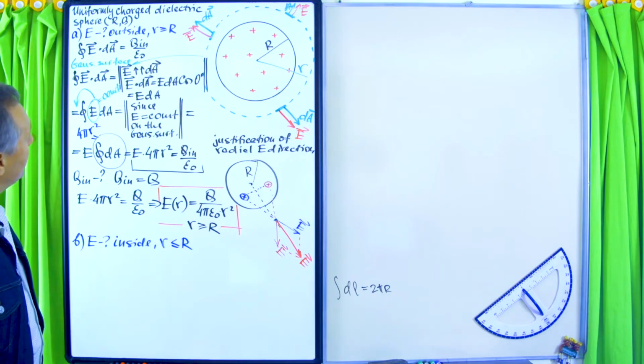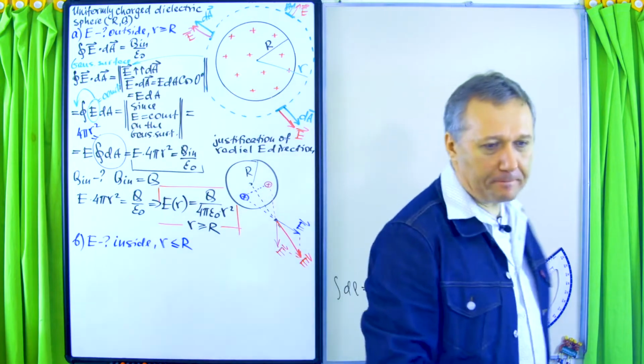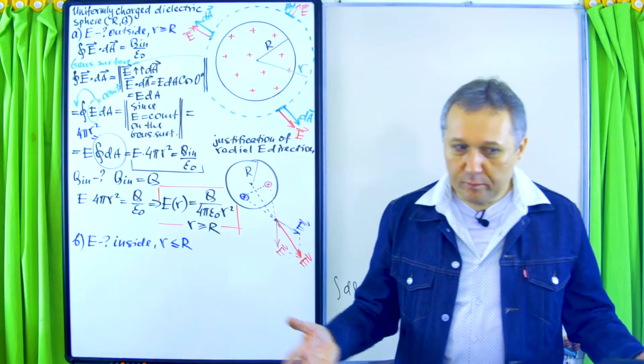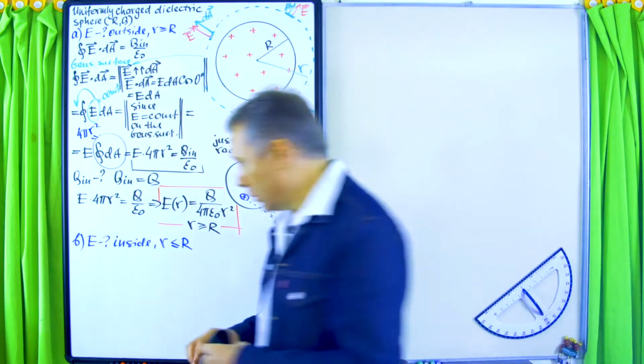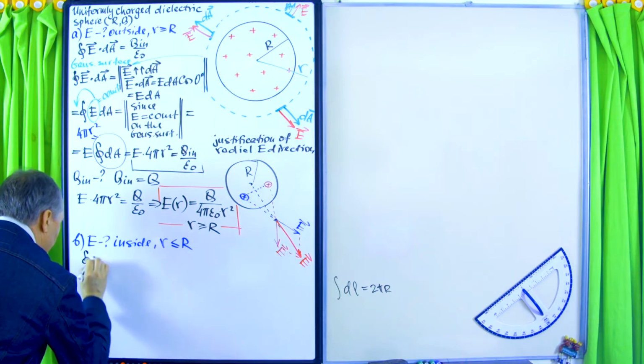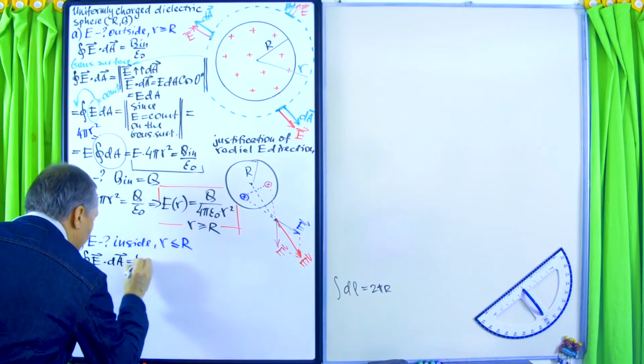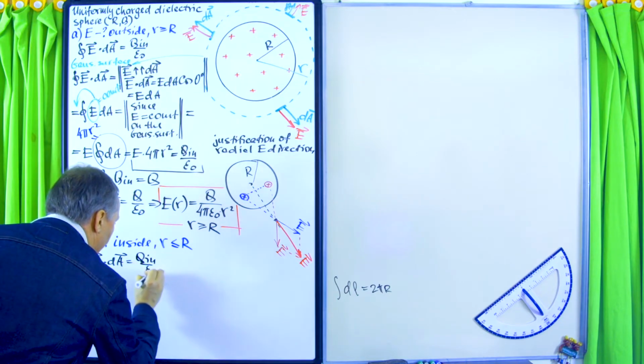I will recycle the same picture. Again, we will use Gauss's law: the integral over the closed surface of E dot dA equals Q enclosed over epsilon.